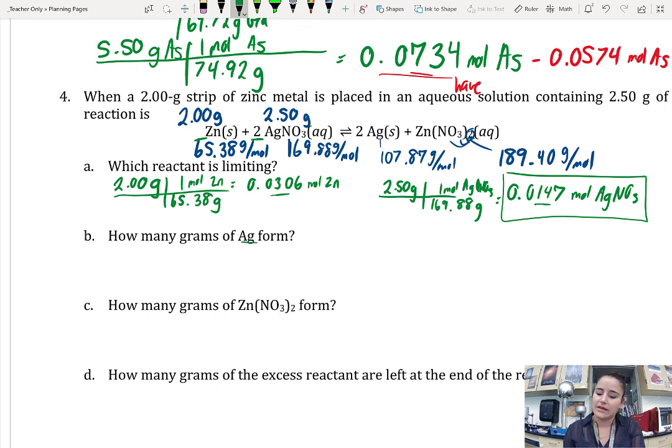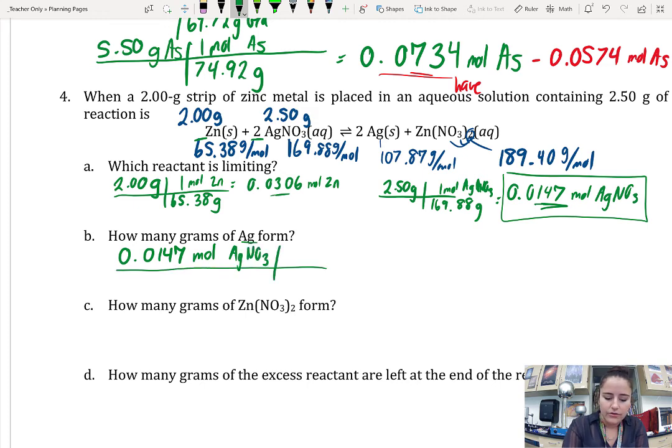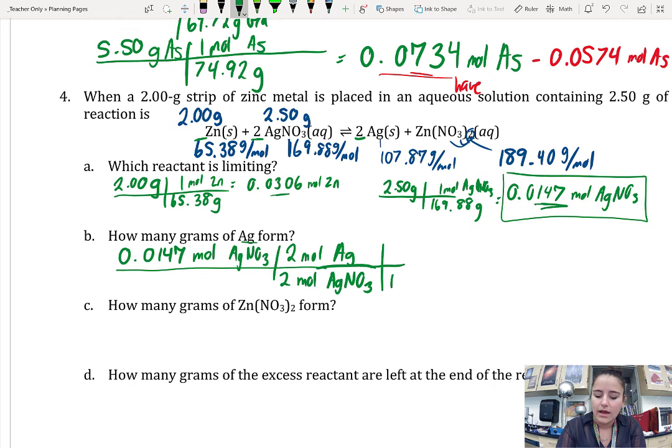So I'm going to go ahead and find out how many grams of silver will form. This is just a conversion problem, starting from my limiting reactant. Actually, I'm just going to start from my moles because I already calculated it out, and it'll be one less step then. So if that many moles of silver nitrate react, for every 2 moles of silver nitrate, I get 2 moles of silver, showing that mole ratio.